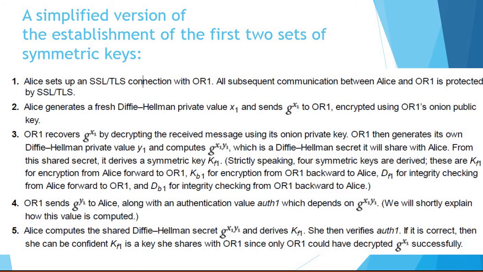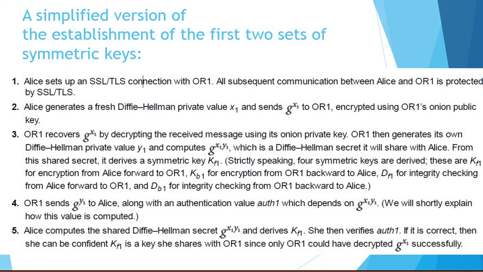Then Alice will generate using the Diffie-Hellman algorithm, a concept we have already discussed. She will create x1, compute g^x1, and send it to onion router 1. Then onion router 1 will generate its public value g^y1 and send it back to Alice.